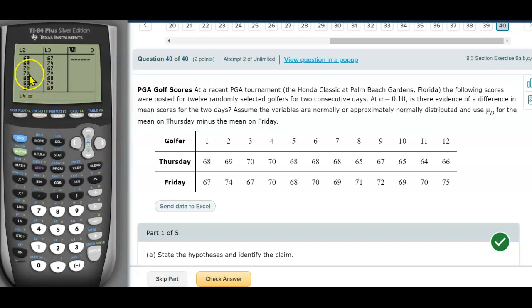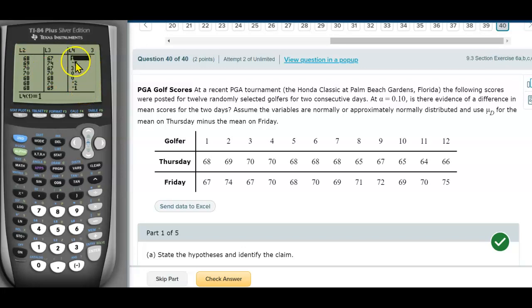So the data on Tuesday, which is L2, so I'm gonna go with second and 2, that's L2, minus the Friday data, which for me is L3 here, so I'm gonna go with second and 3, that's gonna type L3. And as soon as I insert it here, you can see this is making the difference between the two numbers. All right.